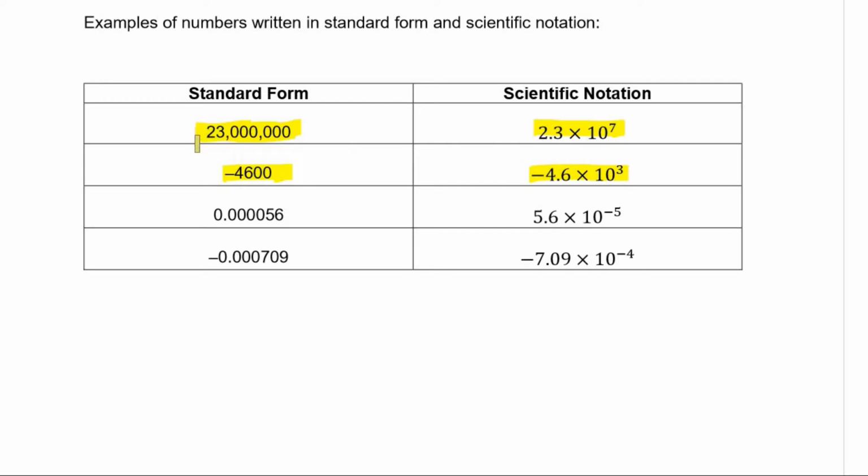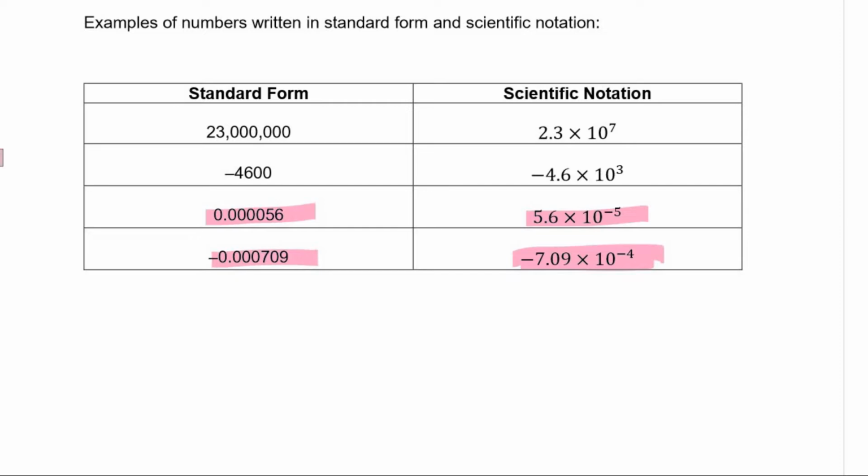Like if we have 23 million here, that would maybe be a number that we would be using when we're studying the universe, right? These are numbers that scientists use when they study the distance between stars. These numbers are going to have an exponent that is positive.